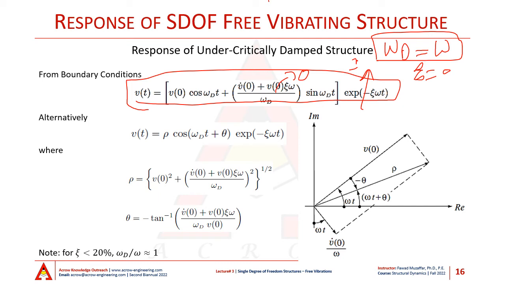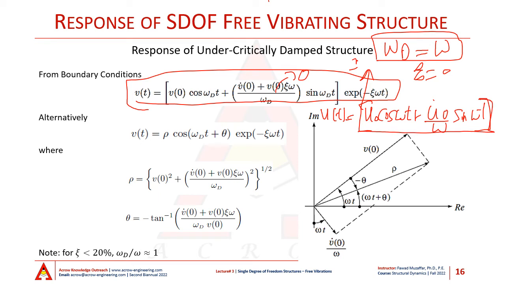So if I rewrite this equation for a dampless system, this comes out to be u0 cos(ωt) plus u̇0 over ω sin(ωt), and this was the equation that we had derived for a freely vibrating dampless system.